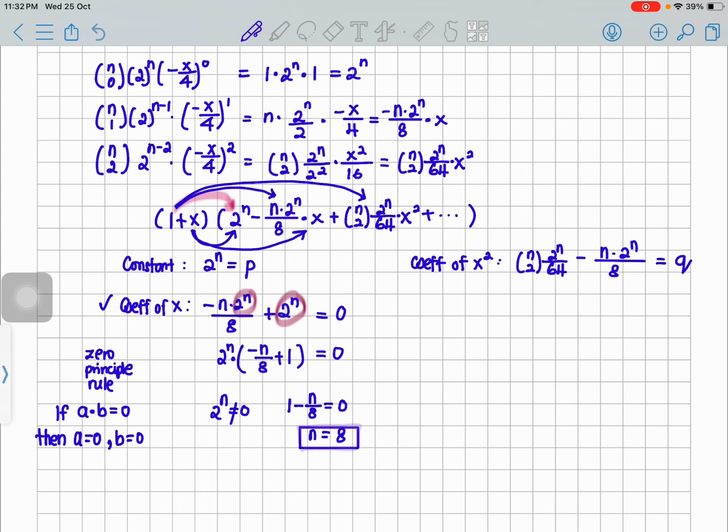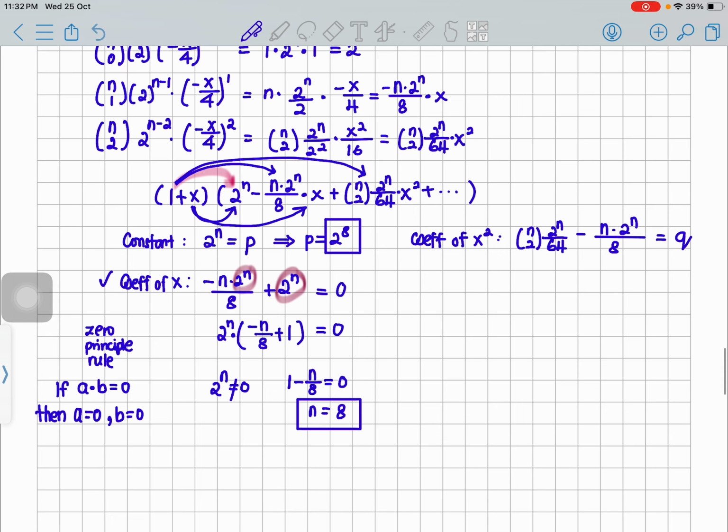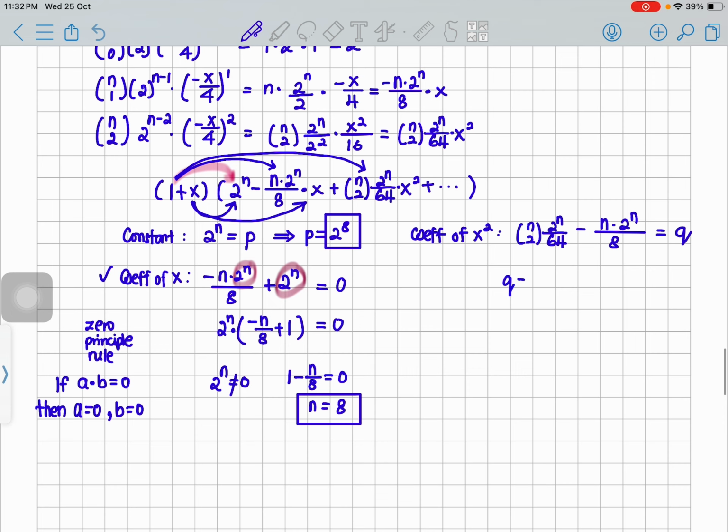If I found my n value, it is very easy to find the p value. What is my p now? My p is going to be 2 power 8. You solve on your own. And I can find the q easily. What is my q? 8 choose 2, 2 power 8 over 64, minus 8, 2 power 8 over 8.